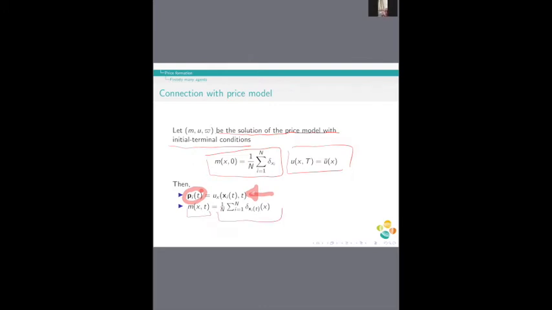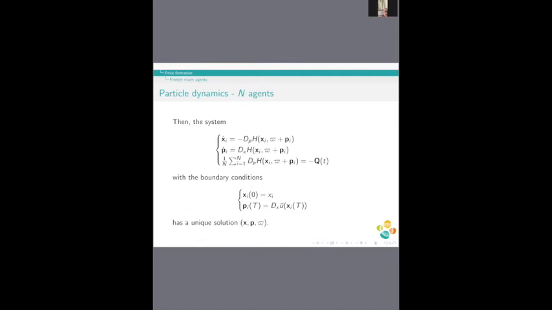So for finitely many agents, the point is that you can look at these mean field games and simply convert them into finite dimensional Hamiltonian systems with an additional, somewhat non-standard constraint.